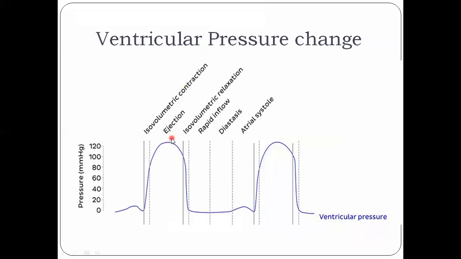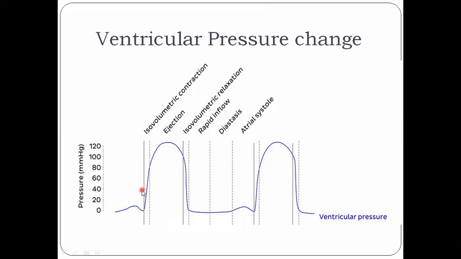As we saw earlier, the ventricle has two phases, ventricular systole and ventricular diastole. Until this phase corresponds to the ventricular systole, and from this phase till this phase corresponds to the ventricular diastole.